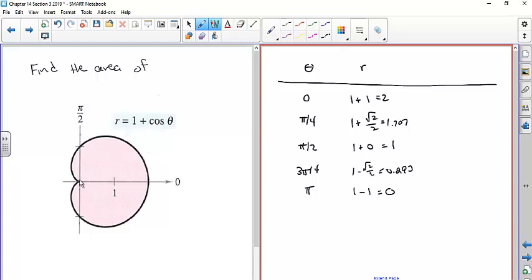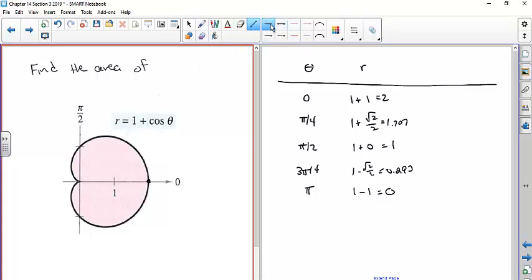So the way you would plot this is at theta equals 0, you have 2. At theta equals pi over 4, which would be here, this distance is 1.707. When theta equals pi over 2, you get a radius of 1, so that's that point.